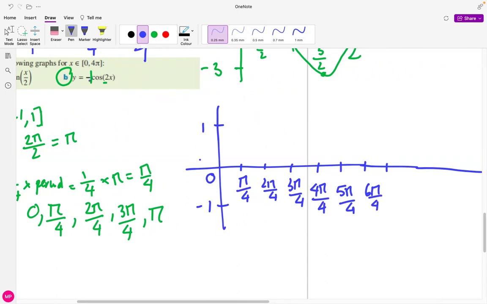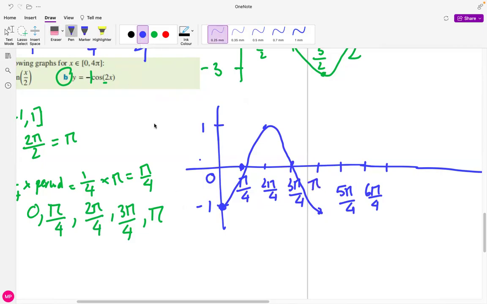Now, negative cos graph. So negative cos starts from the minimum. Go here, go here, go here, go here. So you can see one period here is 1 pi, right? So on your graph paper, one period is 1 pi.